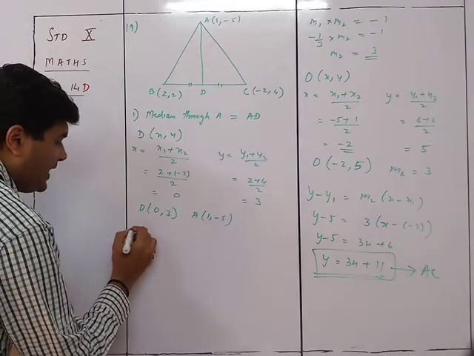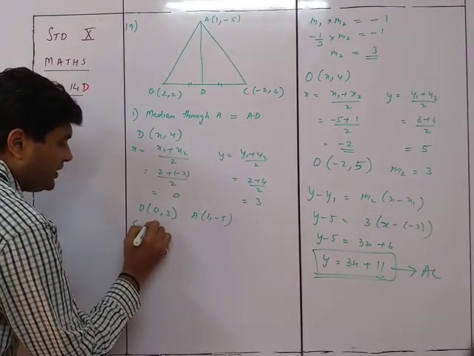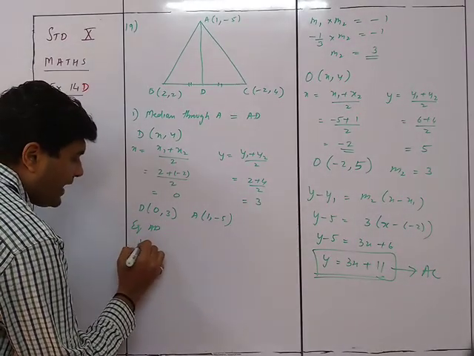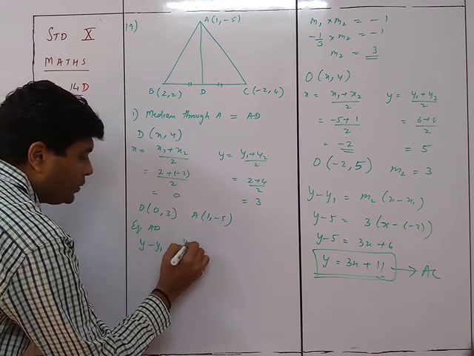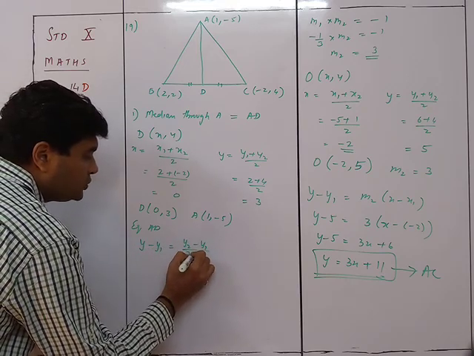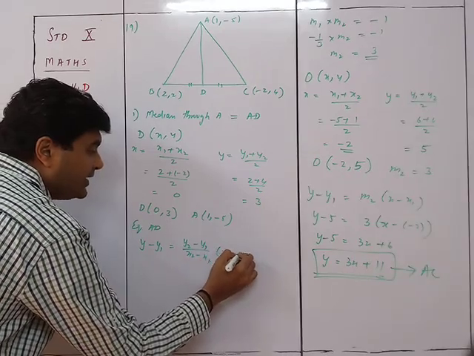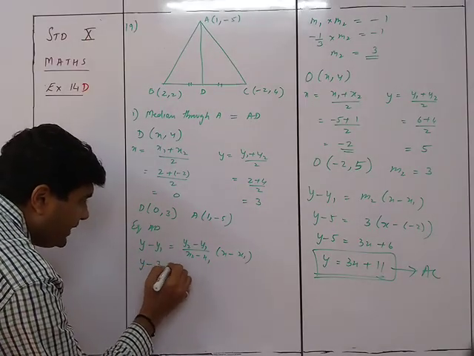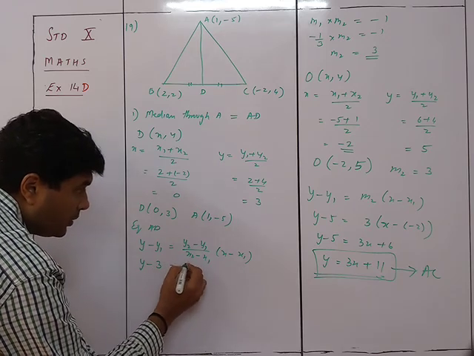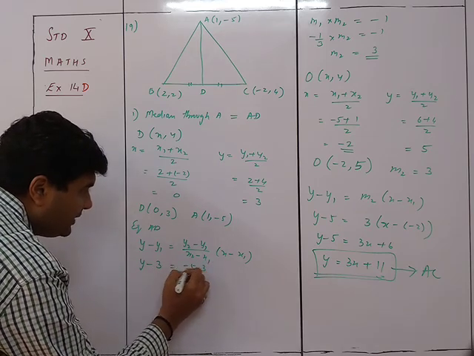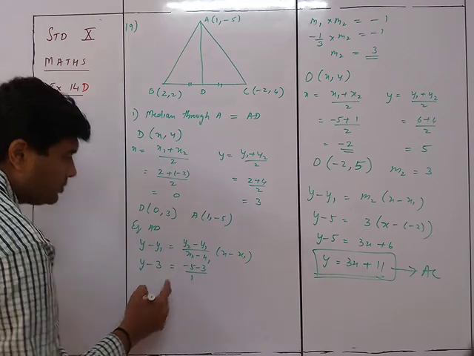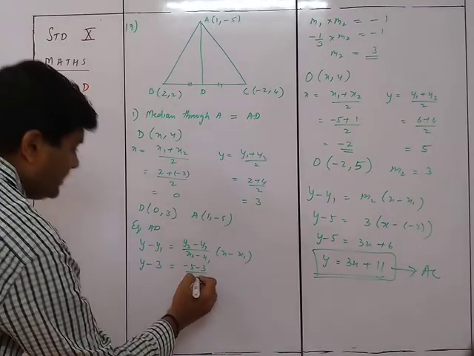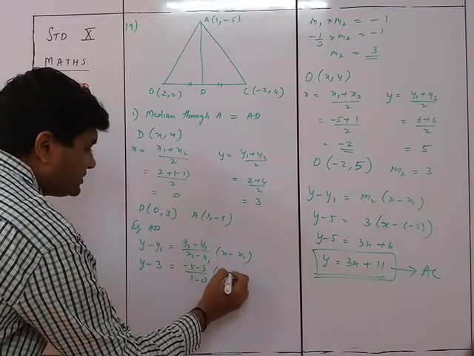So we get the line equation AD: y minus y1 is equal to y2 minus y1 upon x2 minus x1 into x minus x1. So y minus 3 is equal to minus 5 minus 3 upon 1 minus 0, into x minus 0.